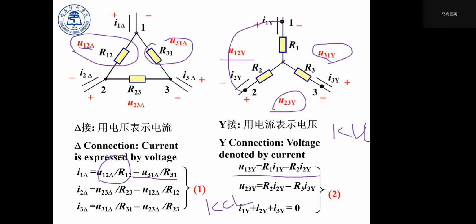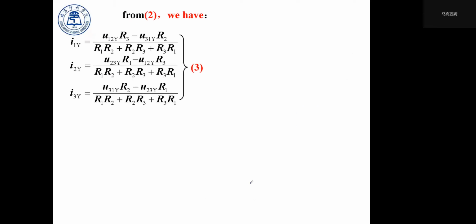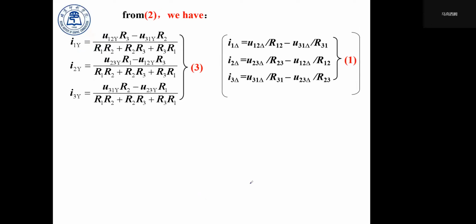From the second set of equations, we have the relationship between the current and the voltage like this. And from the first set of equations, we have this relationship between the current and the voltage. So we can compare those 2 together.